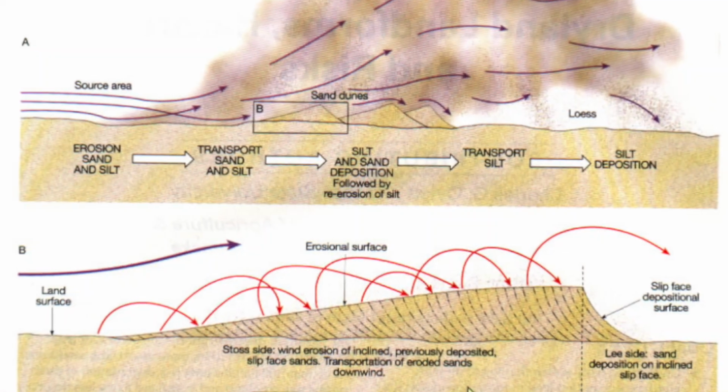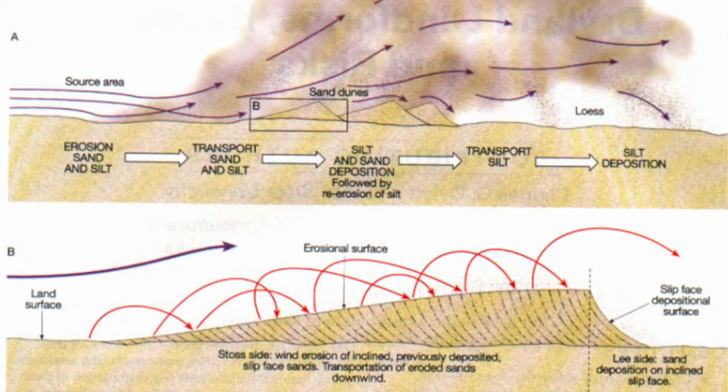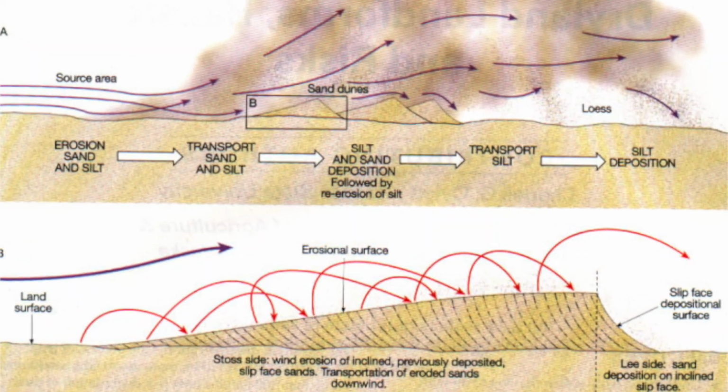Wind transportation depends on various factors like particle size, composition, speed of the wind, direction, resistance of the surface and moisture content. Once the soil particles are detached, they are transported by the wind through three major mechanisms depending on particle size, shape and wind speed.